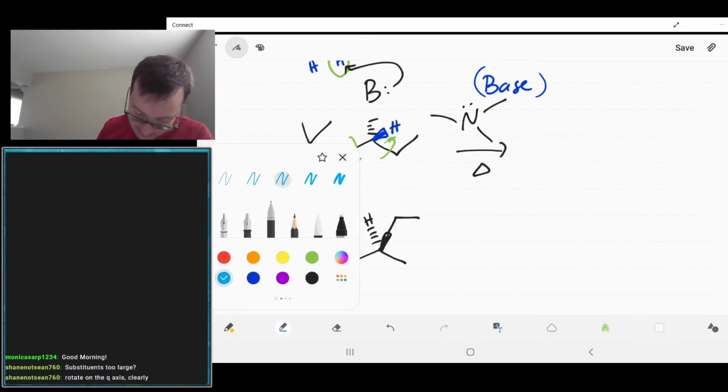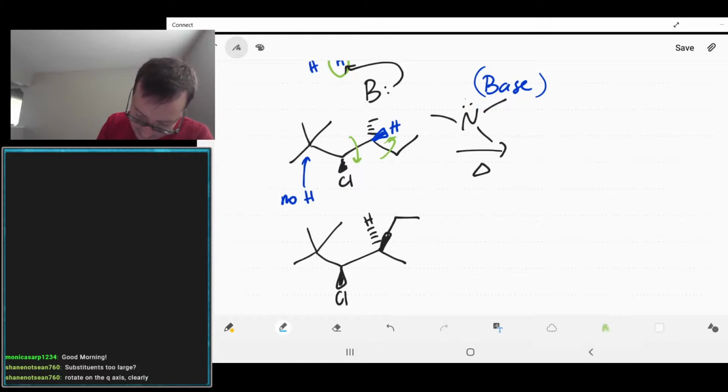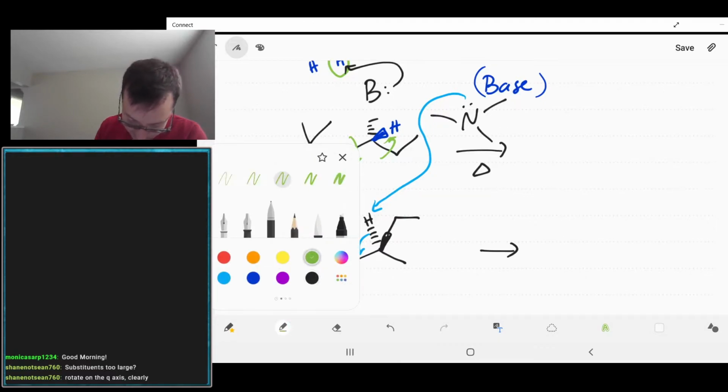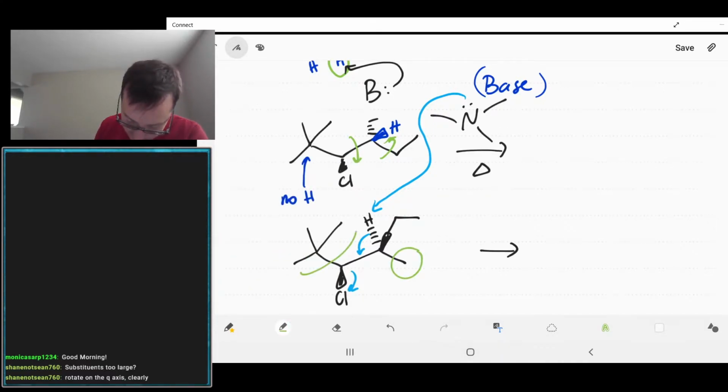Here comes our base. Now that we have these rotated anti to each other, I'm going to have that come out. And so we're going to see that in our product, notice that these two groups are trans to each other.